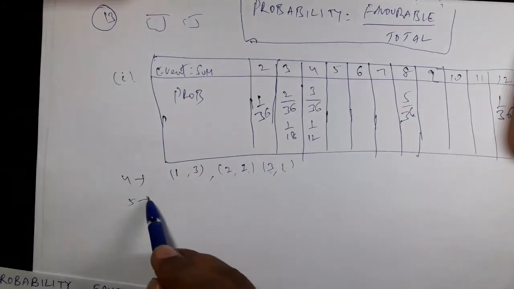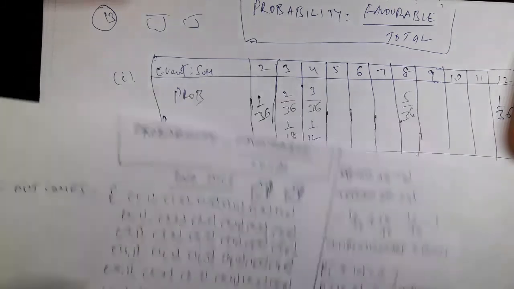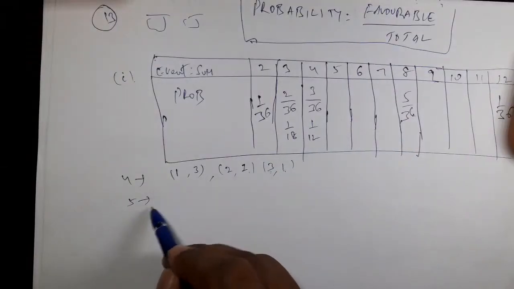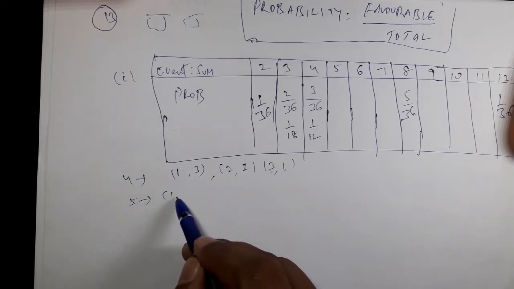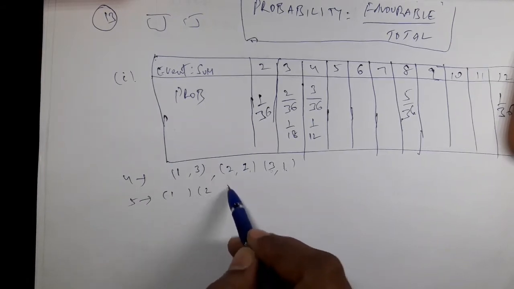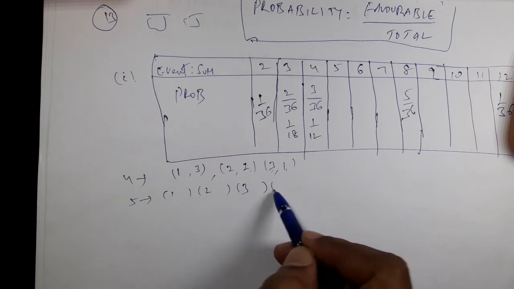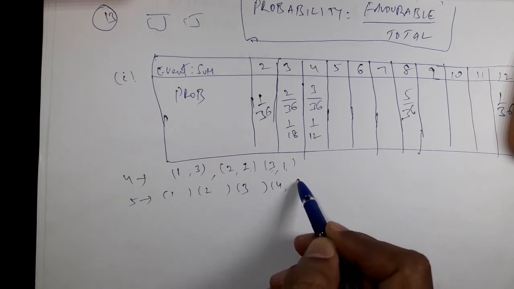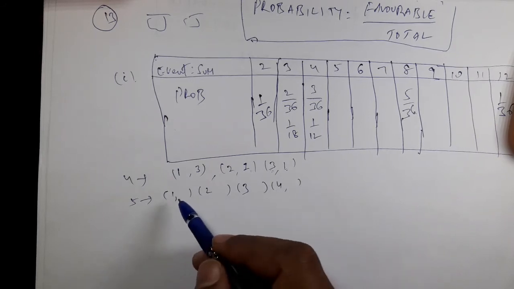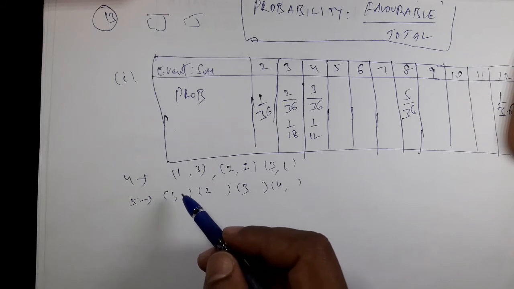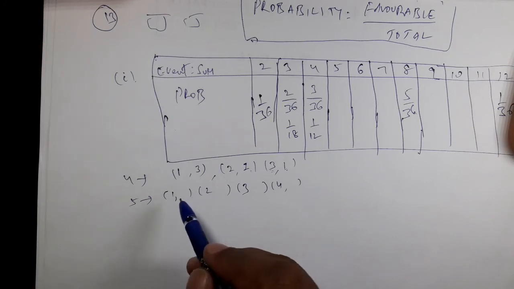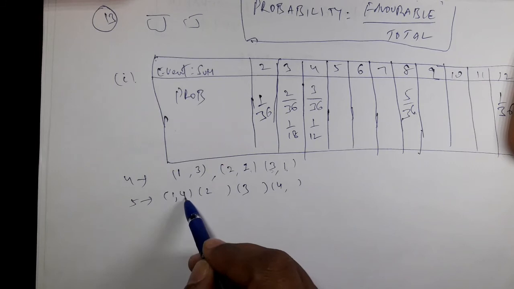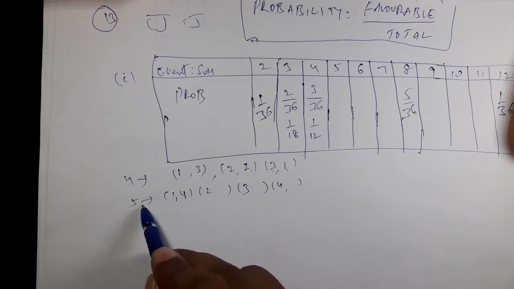Now coming to the fifth one, sorry, sum 5. Tell me in the same way. The first one may show 1 or 2 or 3 or 4 or 5, and so on, right? If the first one shows 1, the second one should show 4. So the sum is 5. 1 plus 4.